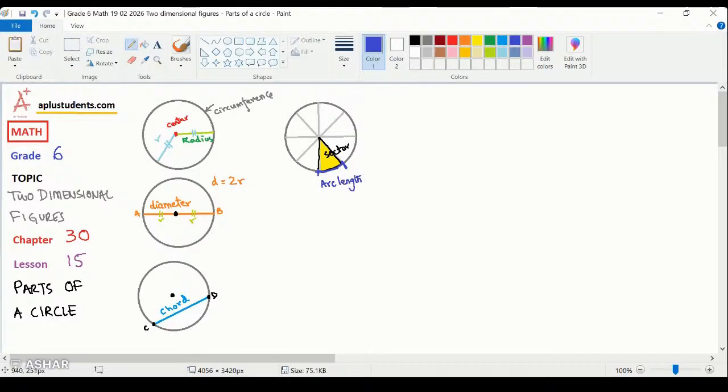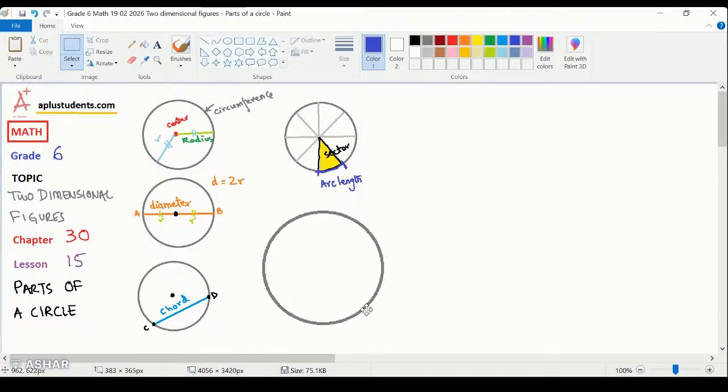So we have looked at 5 options over here. What is a sector? What is the arc length? A sector is a part of a circle, a slice from a circle. Let's look at more options. If we have a circle, let's make a larger circle.